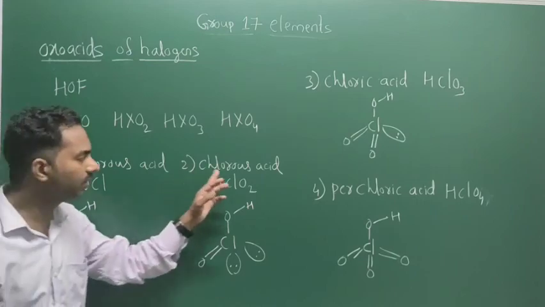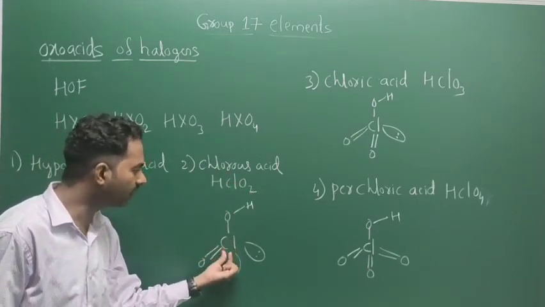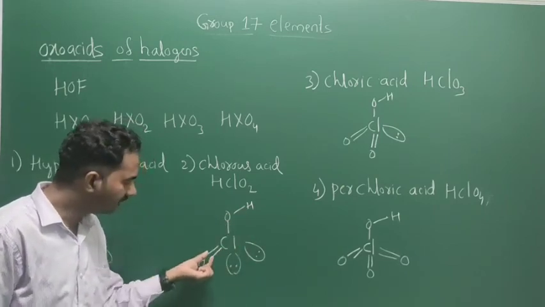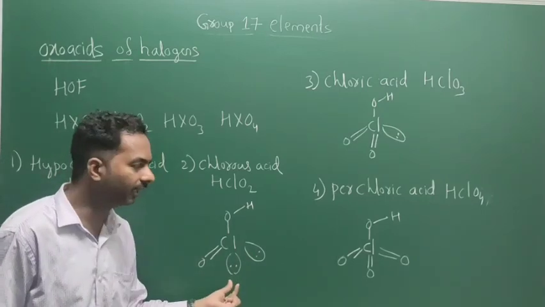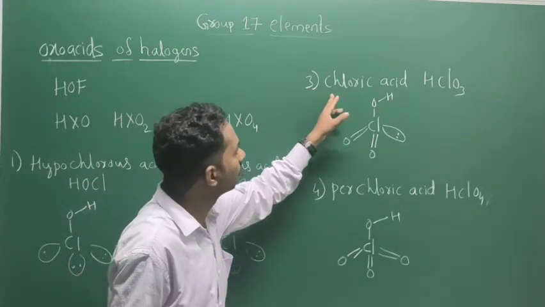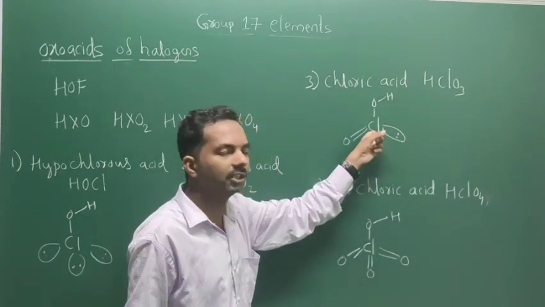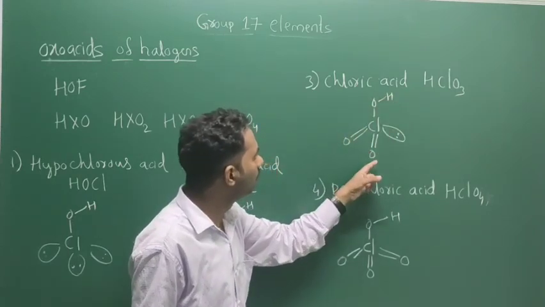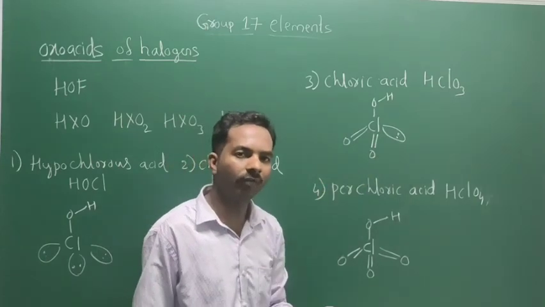So next, chlorous acid, formula HClO2. So Cl is bonded with 1 OH and 1 Cl double bond O with 2 lone pairs of electrons. So third one, chloric acid, formula HClO3. So here Cl is bonded with 1 OH and 2 double bond O and 1 lone pair of electrons.